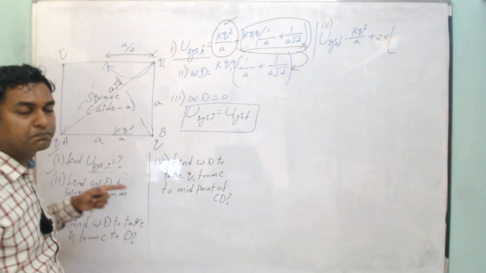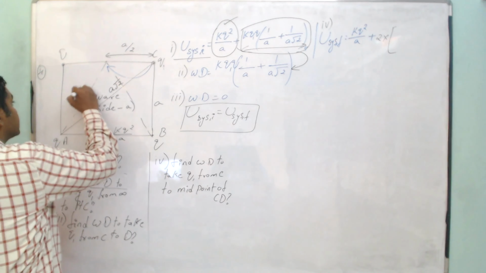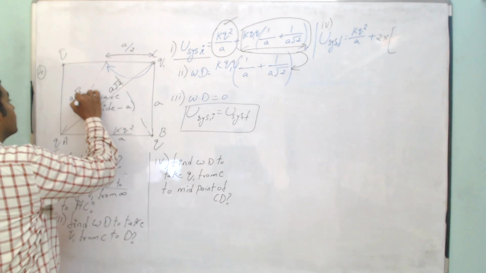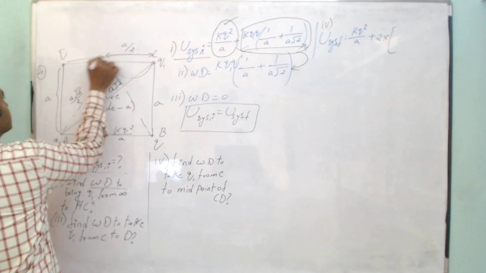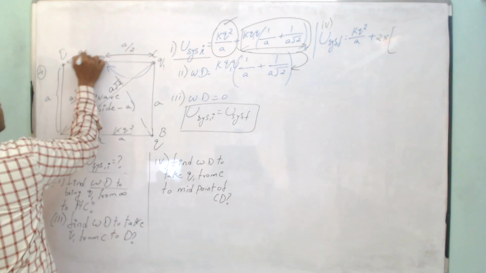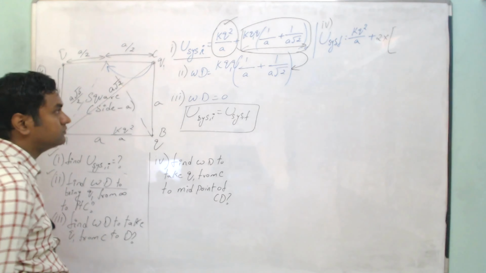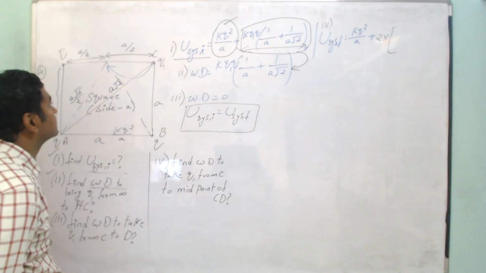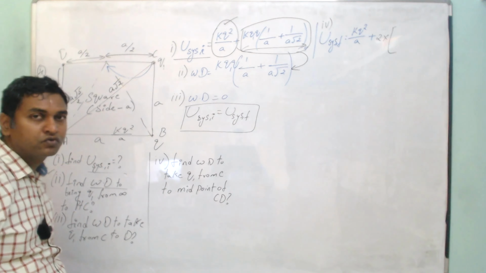Distances are the same. How much is this distance? A root 5 by 2. Height is A and this horizontal length is A by 2. So it becomes root of 5 by 4, which is root 5 by 2.